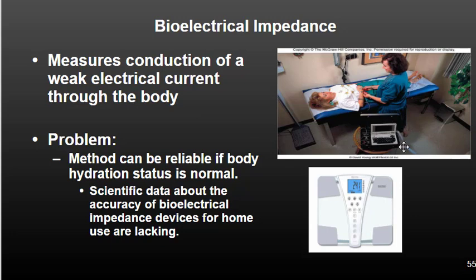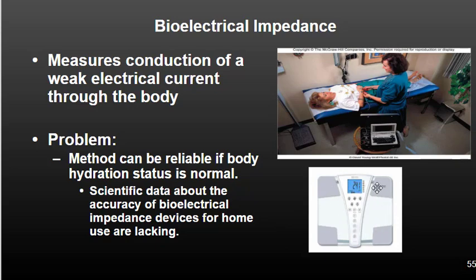It determines the amount of lean muscle mass, the amount of body fat, the amount of bone as well, and also the water composition. The problem here is if you're somewhat dehydrated, the results that you get might not be accurate. There are a lot of bathroom scales now on the market with this bioelectrical impedance function, and the reliability of some of these is not quite sure.